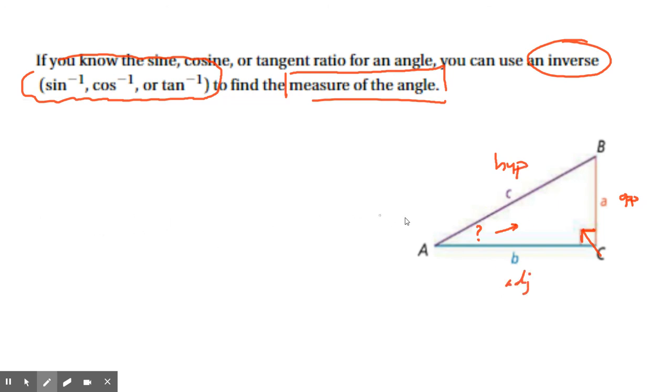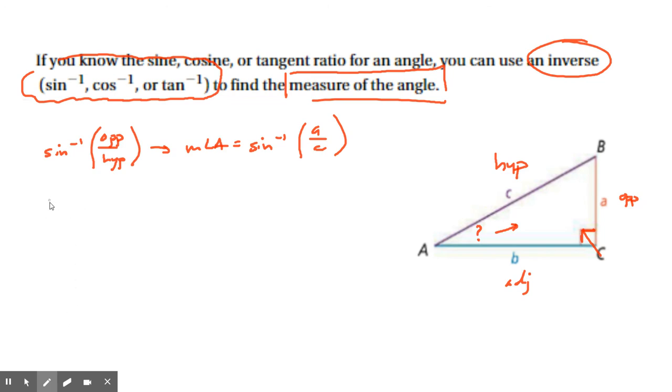So if I were given the opposite and the hypotenuse, I would want to use inverse sine, because inverse sine is still the opposite over the hypotenuse. So in this picture, to find the measure of angle A, I would take the inverse sine of A over C. So notice that angle A is by itself, and the ratio is with the inverse sine.